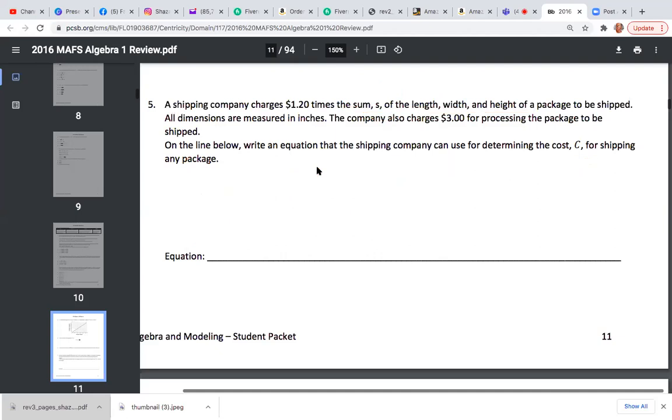I have a question, Miss Alcera. Yes. So when I wrote my equation, I did $1.20 times, I didn't put the times sign, I put like the dot times S. Why is it just S and not times S? You could do that too. 1.20 dot S like this.